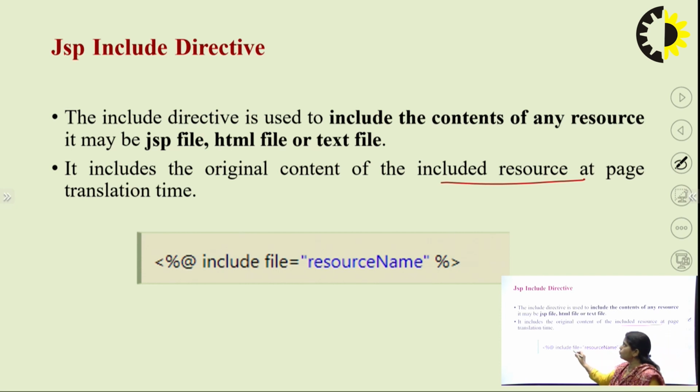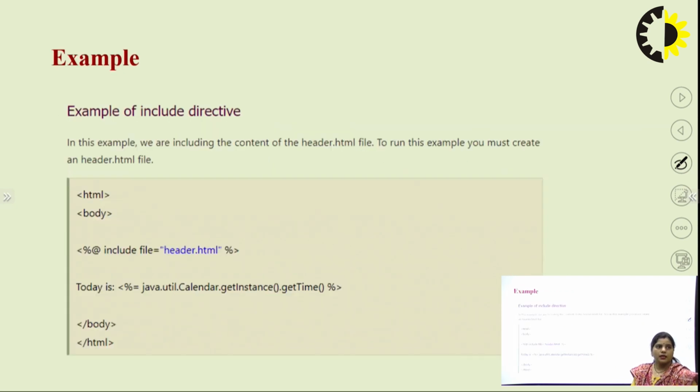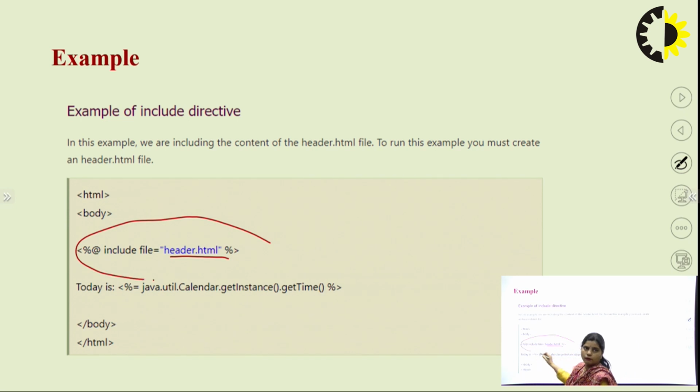For example, suppose we have an HTML5 file, header.html, and we are going to include that file in our JSP code. For this purpose, we can write the following code.